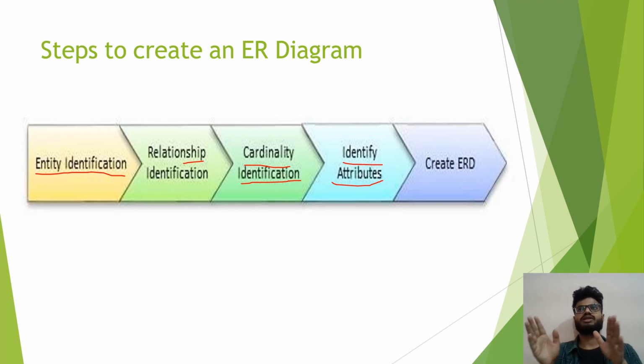Staff members can contain their unique identification code, SSN, names, and phone numbers. And then create the ERD, which is the ER diagram. So these are the five steps by which we can make an ER diagram.